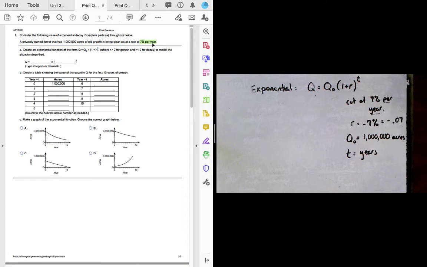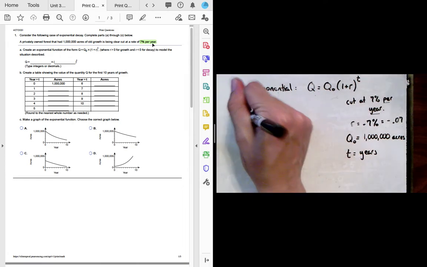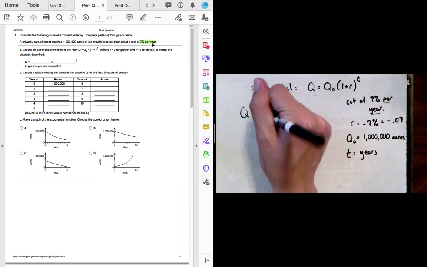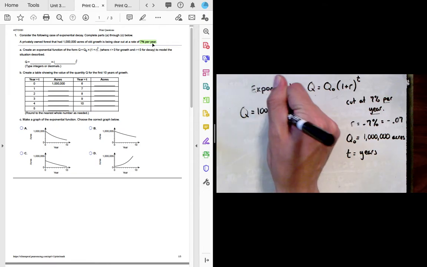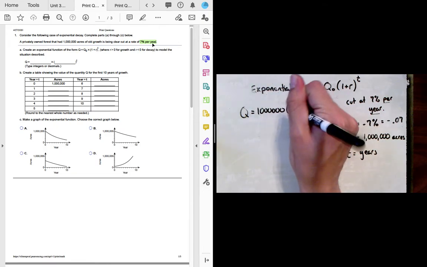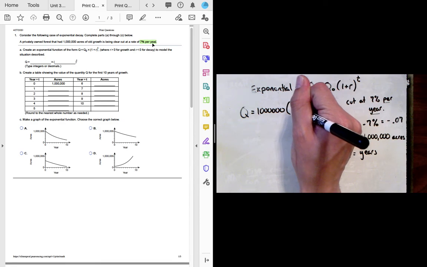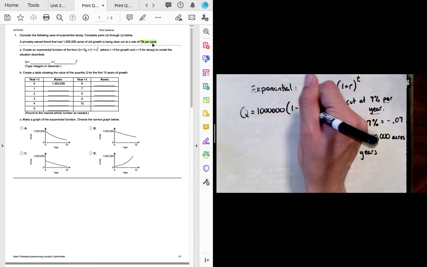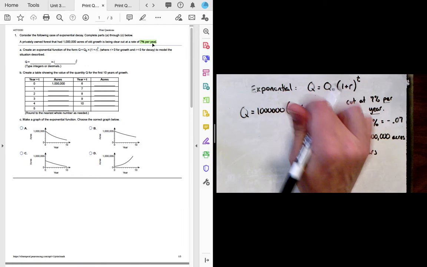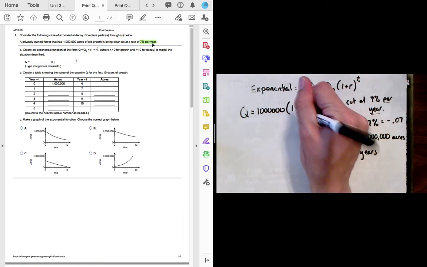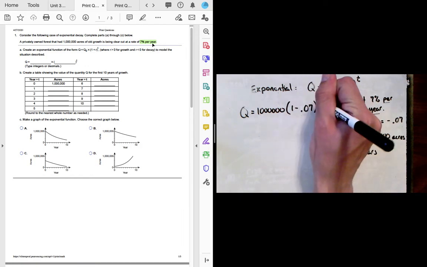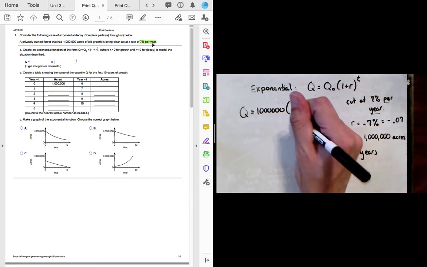So let's start by writing this model out. It's going to be Q is equal to, our Q naught we said was 1 million, times 1 plus a negative, which I'm just going to write as minus 0.07, or 0.07 is fine too, raised to power T. Always combine like terms in here.